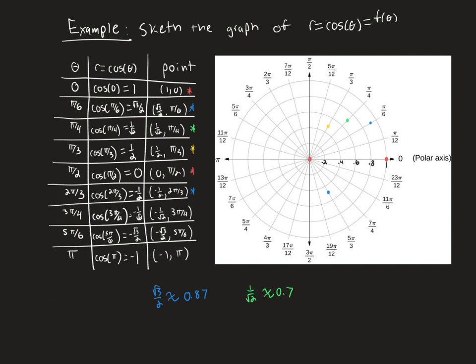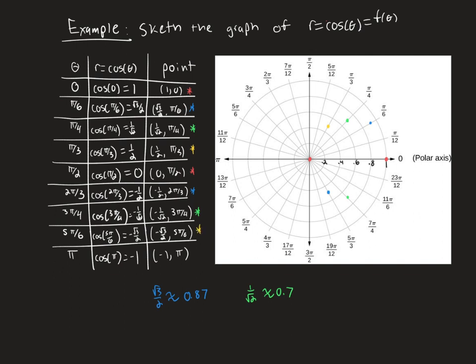And actually, sorry, I don't want to spoil it. 3 pi over 4, that corresponds to 7 pi over 4, so we're at negative 0.7. Right there.